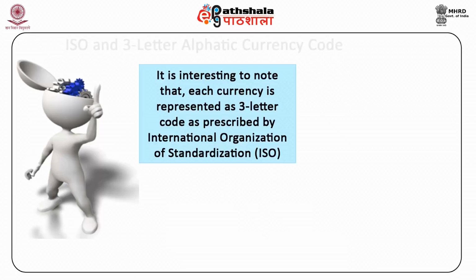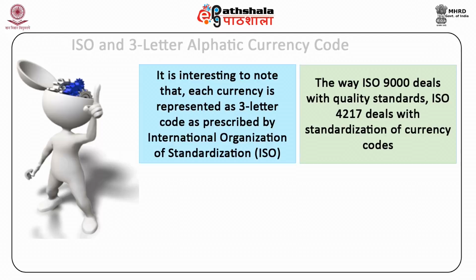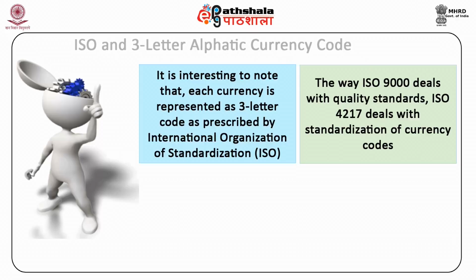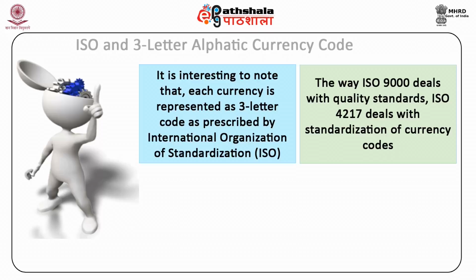It is interesting to note that each currency is represented as a three-letter code as prescribed by the International Organization for Standardization, that is ISO. The way ISO 9000 deals with quality standards, ISO 4217 deals with standardization of currency codes.